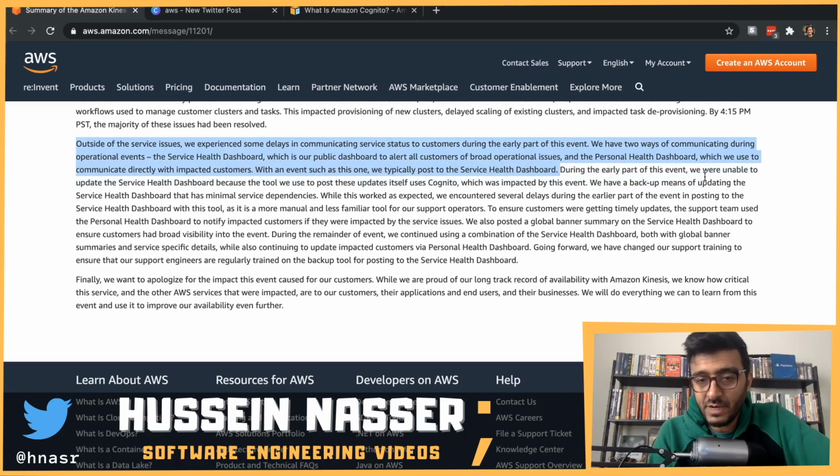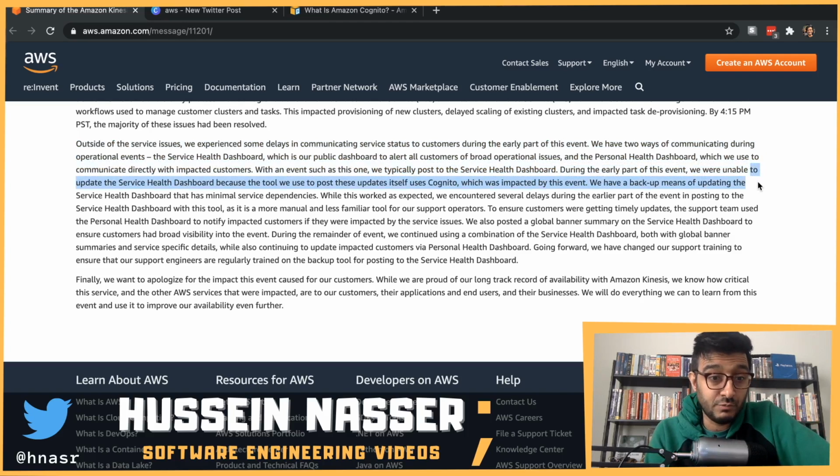During the early part of this event, we were unable to update the service because the tool we use to post these updates itself uses Cognito, which was impacted by the event. I didn't mean to laugh. It's just funny. The dependency tree.